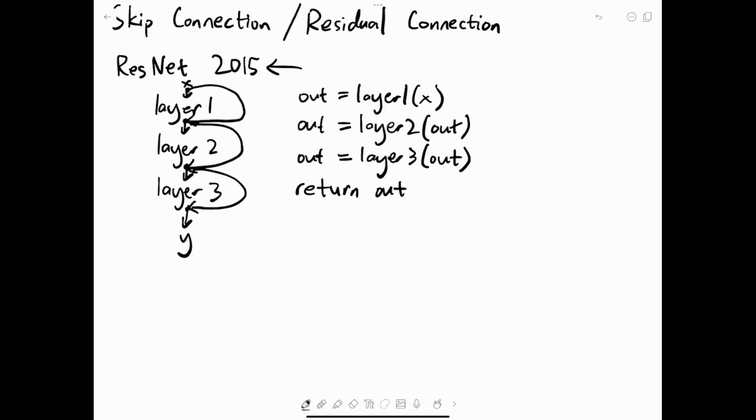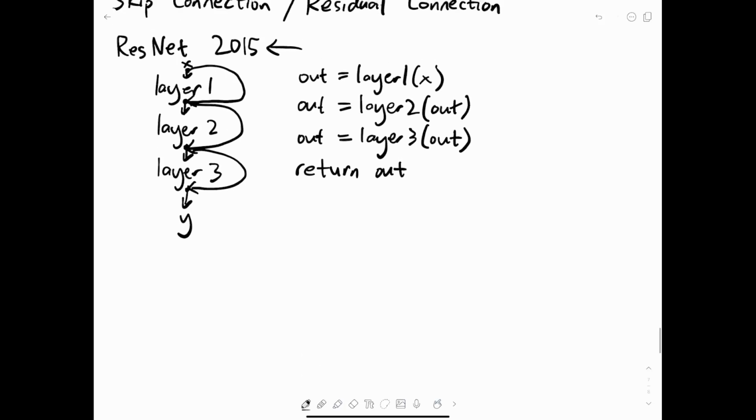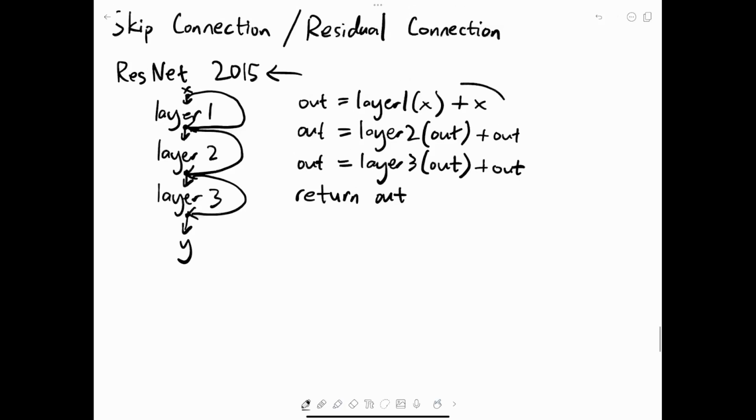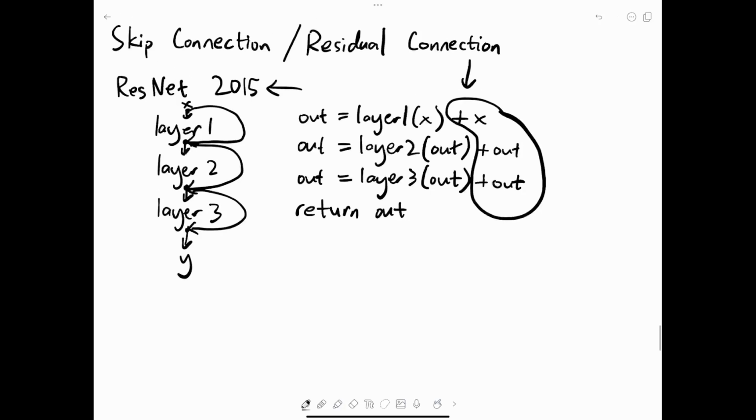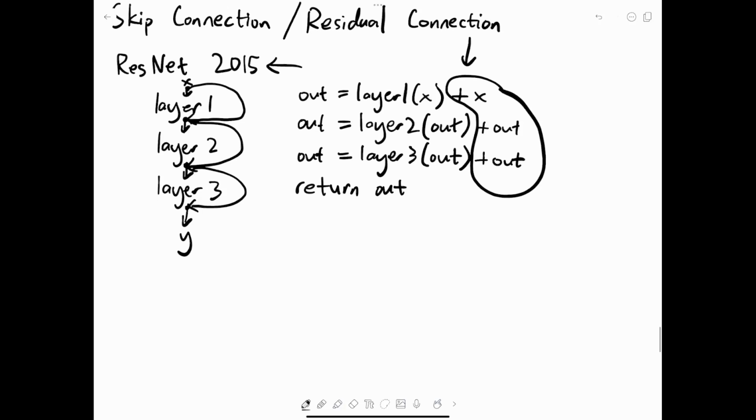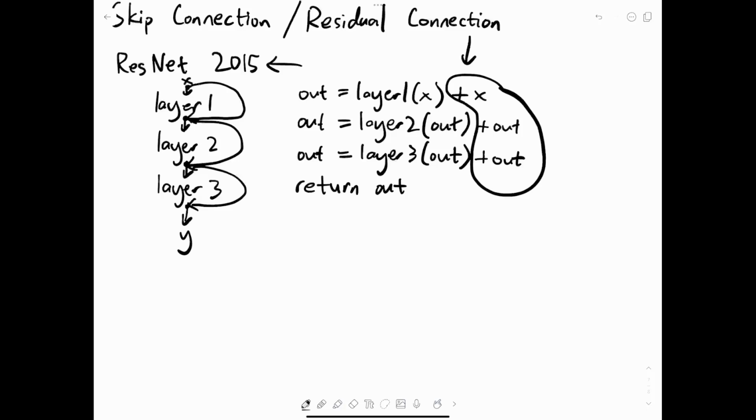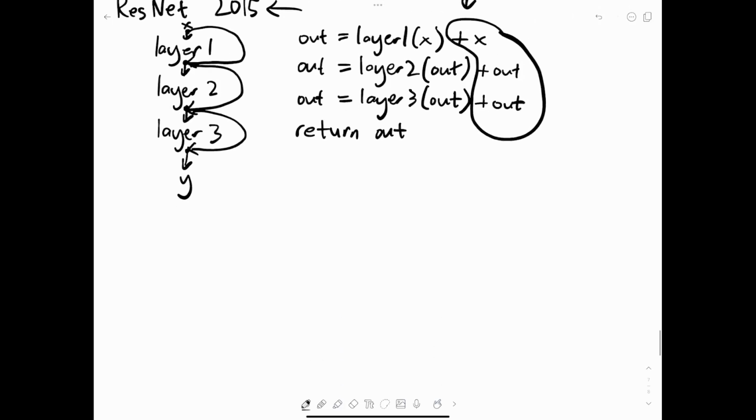If this is our forward function in PyTorch, what we can do is add x, add out, and add out here. This is the add that's being referred to in the paper, and this is what's a skip or residual connection. And what happens is that by providing this other pathway, aside from the layers, it actually smooths out the loss function.